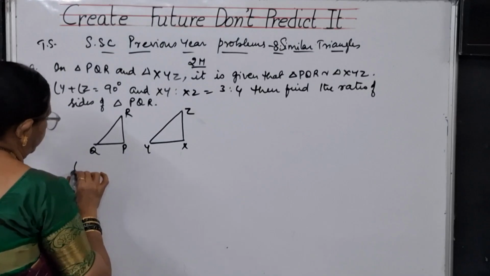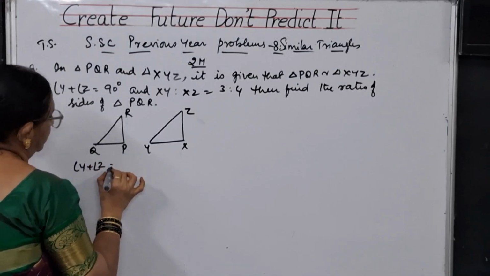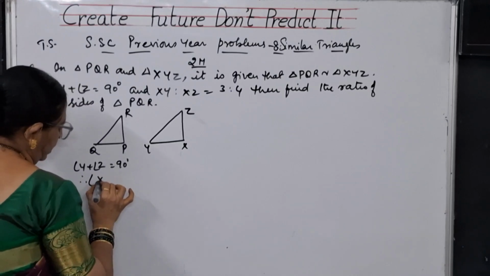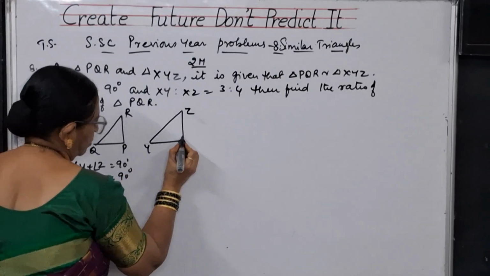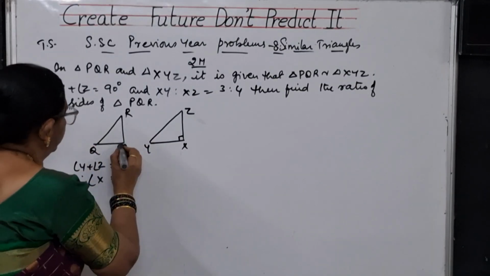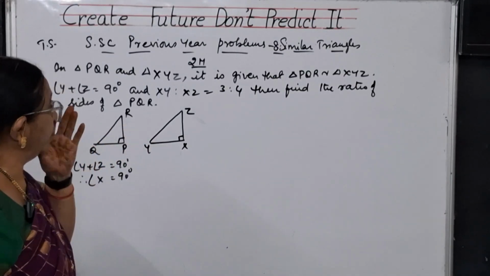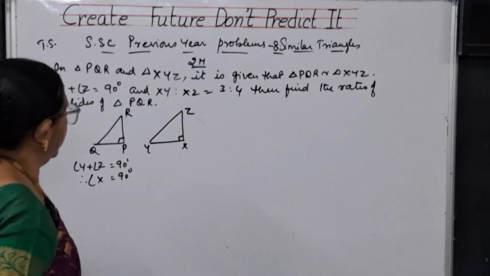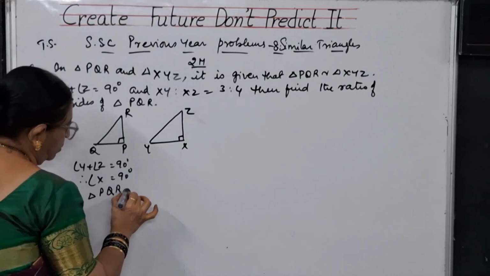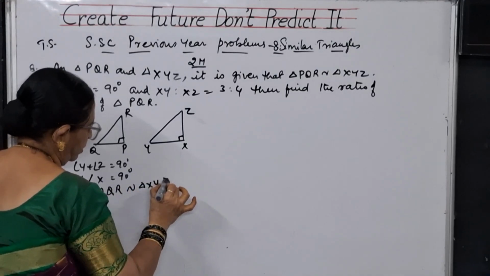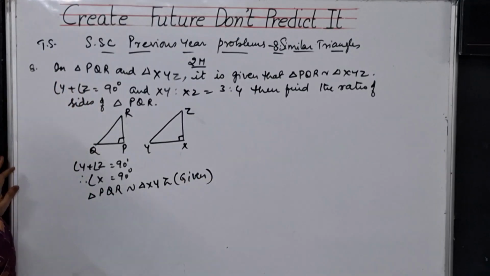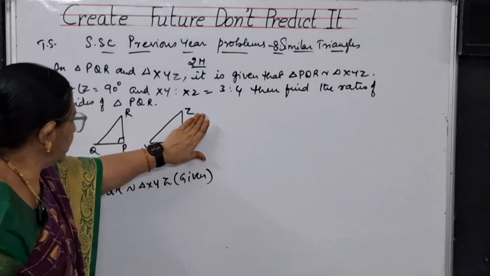Because they have given that angle Y plus angle Z is 90 degrees. These two sum is 90 degrees. Then definitely angle X will be 90 degrees. So it is a right angle triangle. If it is a right angle triangle, definitely this also will be right angle triangle because triangle PQR is similar to triangle XYZ. So if one is right angle triangle, definitely the other also is right angle triangle.